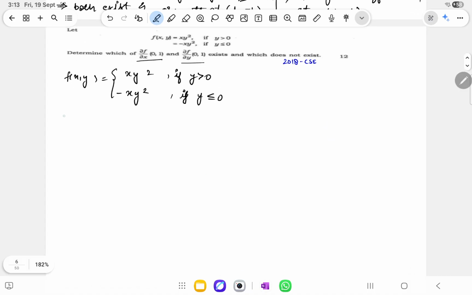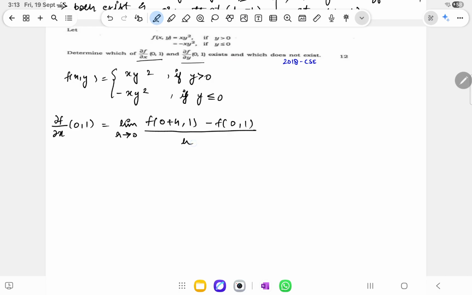Let's first calculate del f by del x at (0, 1). It will be limit h approaching 0 of f(0 plus h, 1) minus f(0, 1) divided by h, which equals limit h approaching 0 of f(h, 1) minus f(0, 1) divided by h.